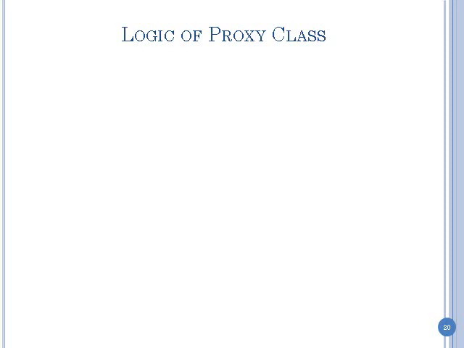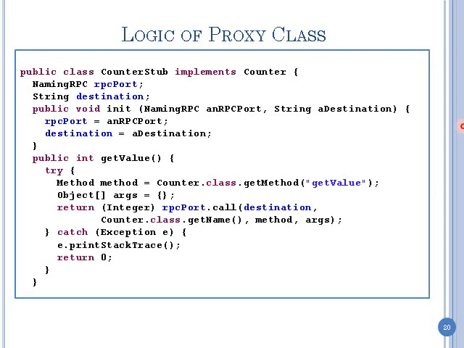So what does the proxy class look like? This is not what the proxy class in GIPC or RMI is, but let's look at the logic. We'll see how to do it better later. This is not real code, so who knows whether this is even half correct. But if I've got a counter interface, I've got a counter stub or proxy that implements that interface. It doesn't really do the counting; it forwards calls.